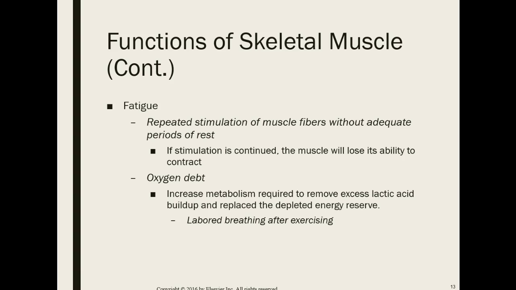When that oxygen supply runs low, the body then switches to an energy conversion process that doesn't require oxygen. That's what's going to produce that lactic acid buildup, which causes us to get that burning sensation in the muscles. And most likely, if we've experienced that, then those muscles will be sore the next day.